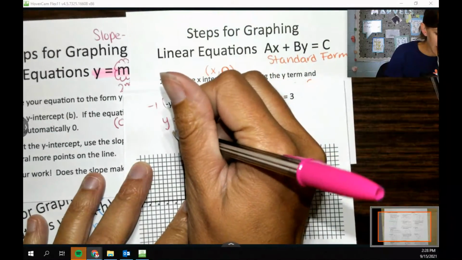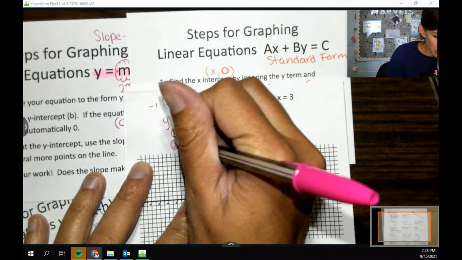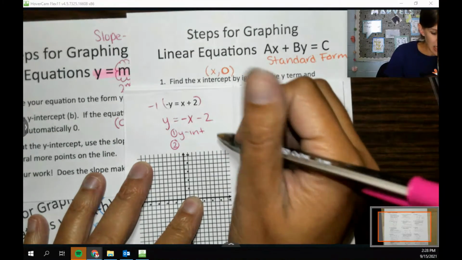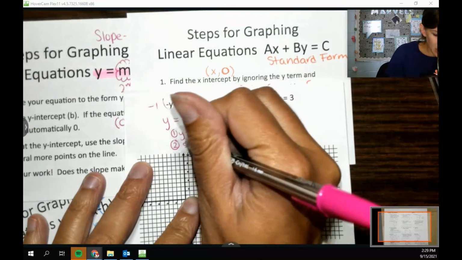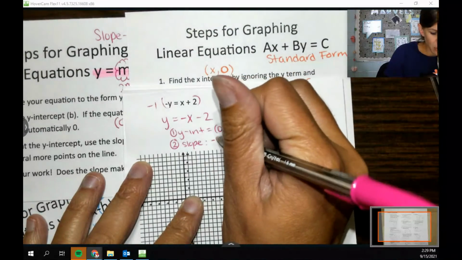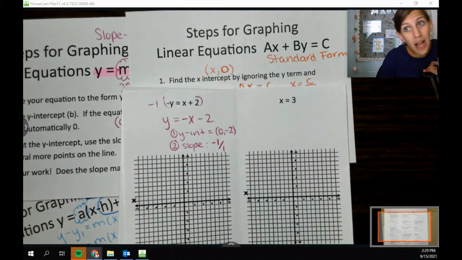And then we can just find our y-intercept, which when we're in slope-intercept form like this, the y-intercept is the number not on x. So negative 2. And then our slope is the number being multiplied to x, which is a negative 1 over 1, just so we're always thinking rise over run.